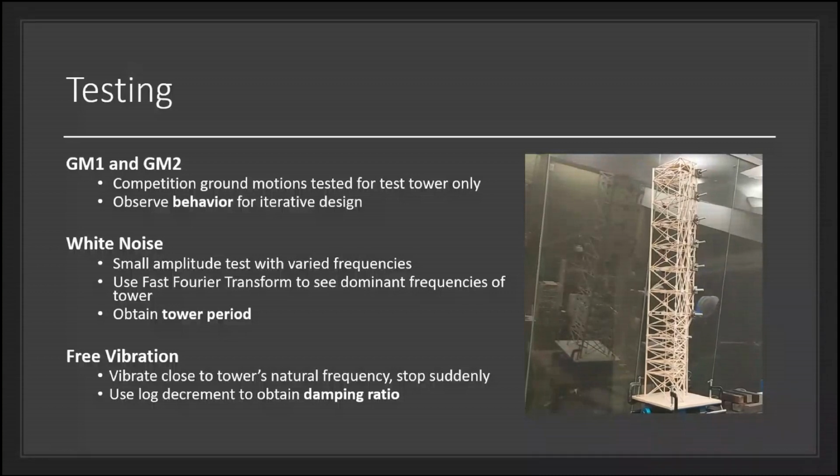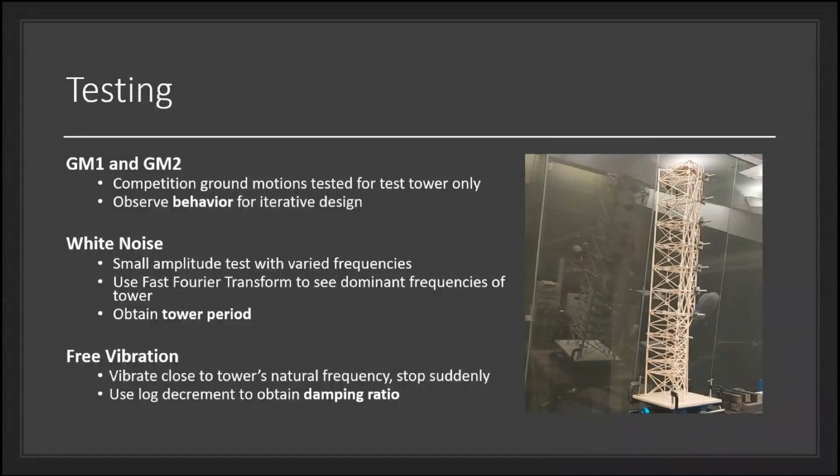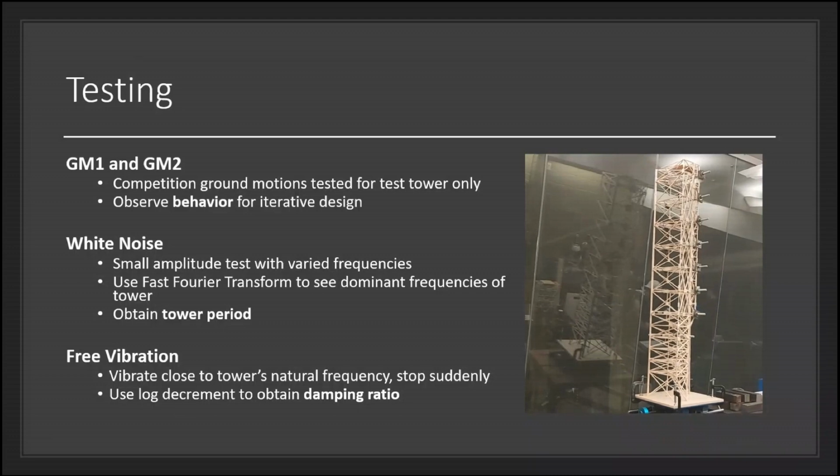But for both the test tower and the final tower, we perform some other tests to identify some characteristics. The white noise test is a low amplitude varying frequency ground motion, which we can use measurements of the roof accelerations by accelerometer to then use a mathematical procedure called the Fourier transform to obtain our tower period.